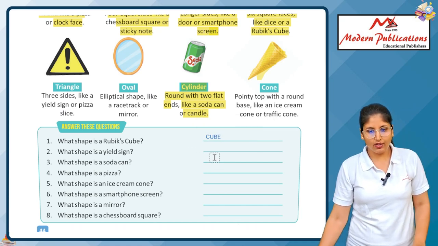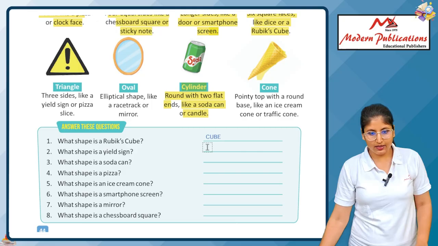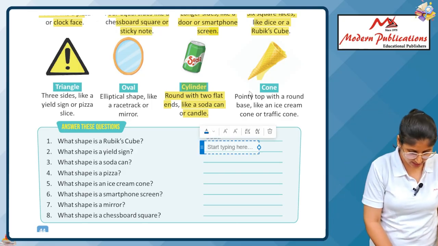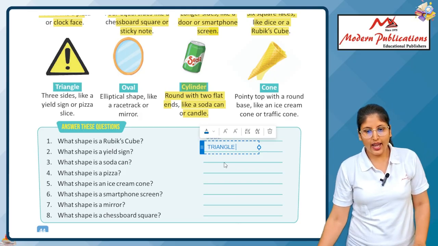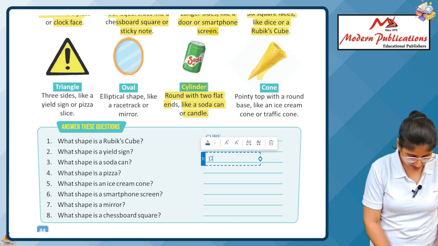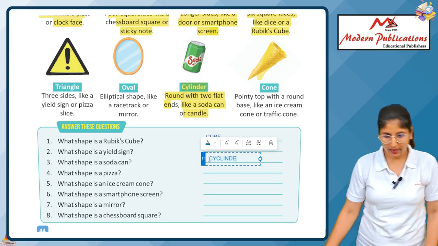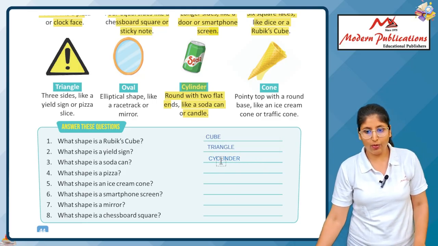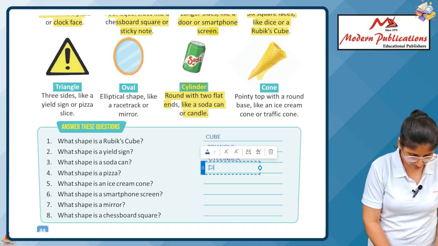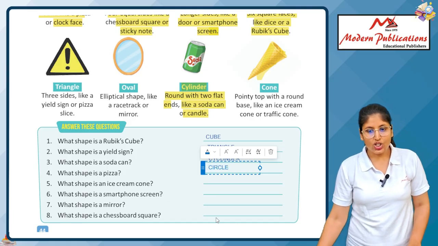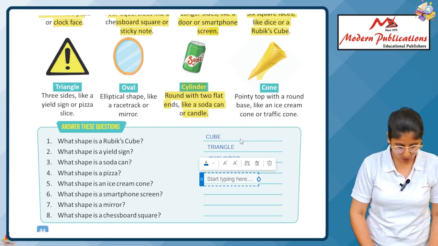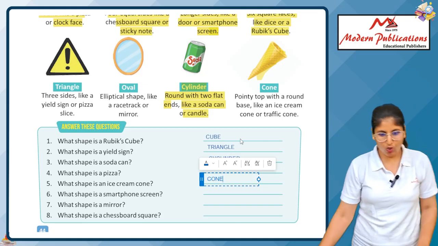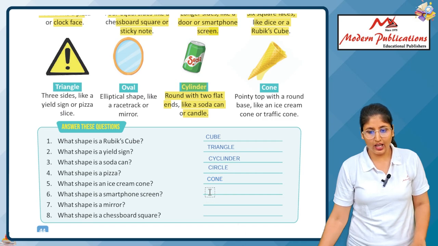What shape is a yield sign? It is a triangle. A soda can is cylindrical. Next, the shape of a pizza: that is a circle. Next, the shape of an ice cream cone: the shape is a cone.